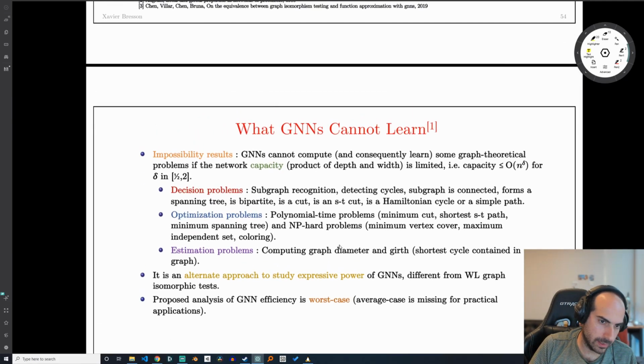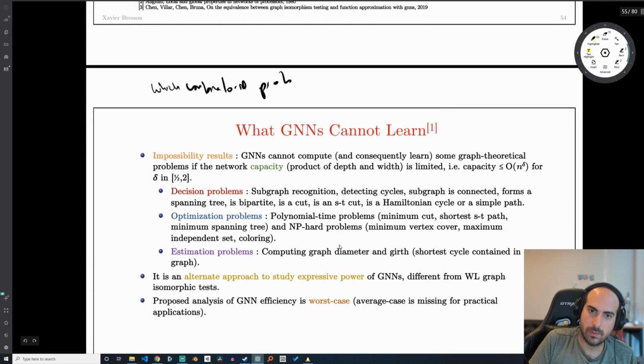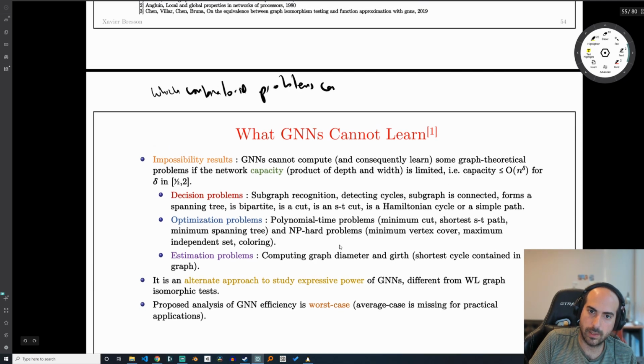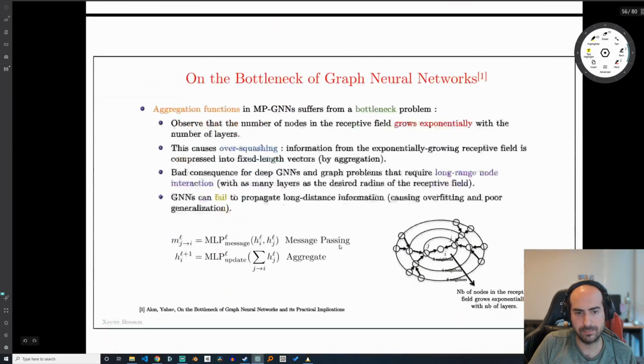Okay, so basically here they're saying, as opposed to doing a general classification, which combinatorial problems can you solve with GNNs? And basically, it looks like almost none of them.